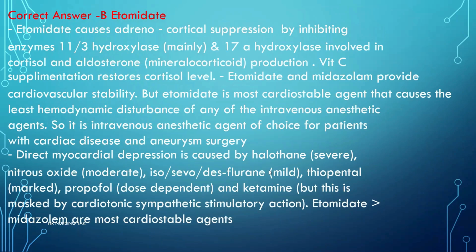Steroid supplementation restores cortisol level. Etomidate and midazolam provide cardiovascular stability. But etomidate is the most cardiostable agent that causes the least hemodynamic disturbance of any of the intravenous anesthetic agents. So it is the intravenous anesthetic agent of choice for patients with cardiac disease and aneurysm surgery.